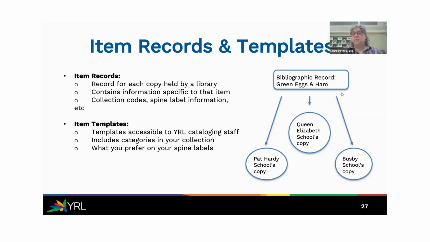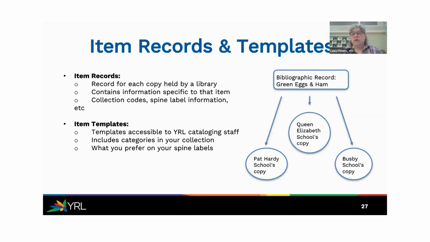And with that, you can see the bibliographic record is Green Eggs and Ham. For that book, there's going to be an item record for each library that has a copy of that title. And that item record is where the barcode information is going to be stored, and again, where the collection, shelf location, spine label information, et cetera, is going to be.